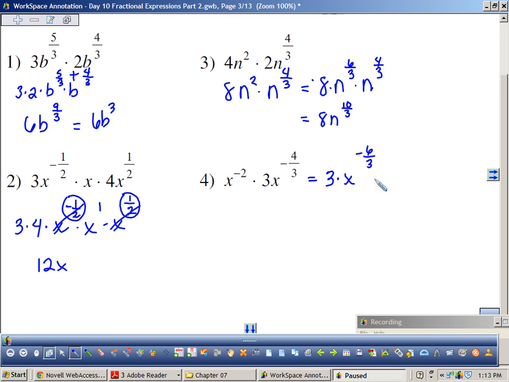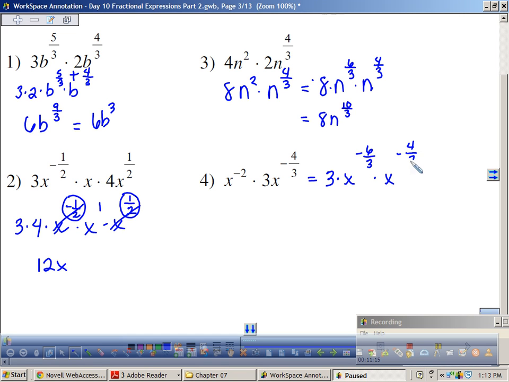I'll just leave it. Times x to the negative 4/3. All right, that equals 3 times x to the negative 6/3 negative 10/3.